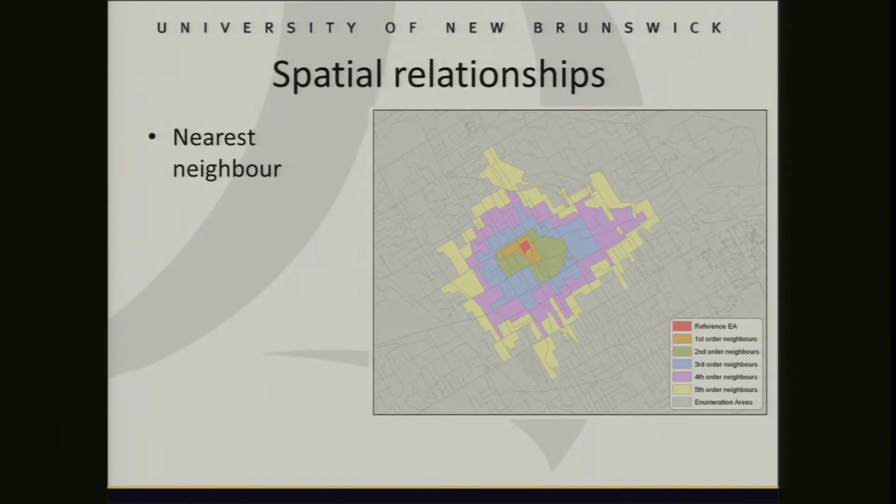We can also find out information about what's adjacent to it. So here we have an enumeration area, which is like a city block type thing that used to exist at StatsCan. We can find out how many other enumeration areas touch it, how many touch those ones, how many touch those ones. So we can look at different orders of neighbors.